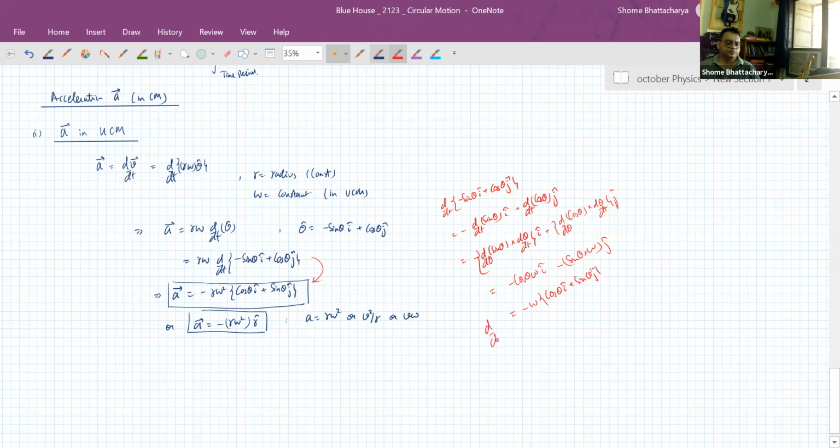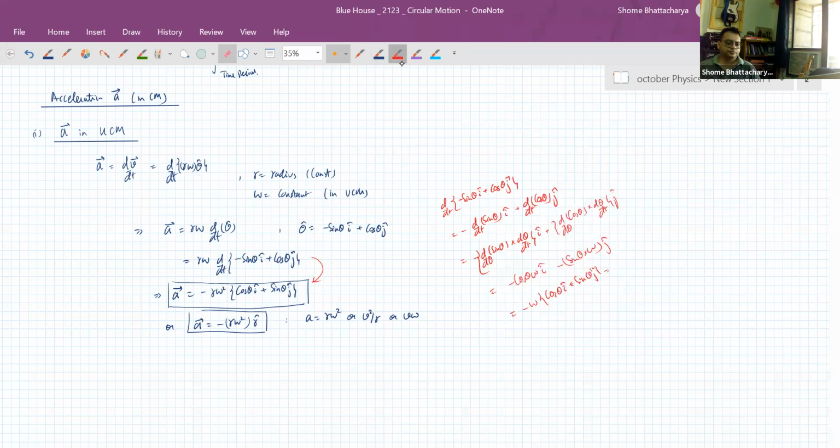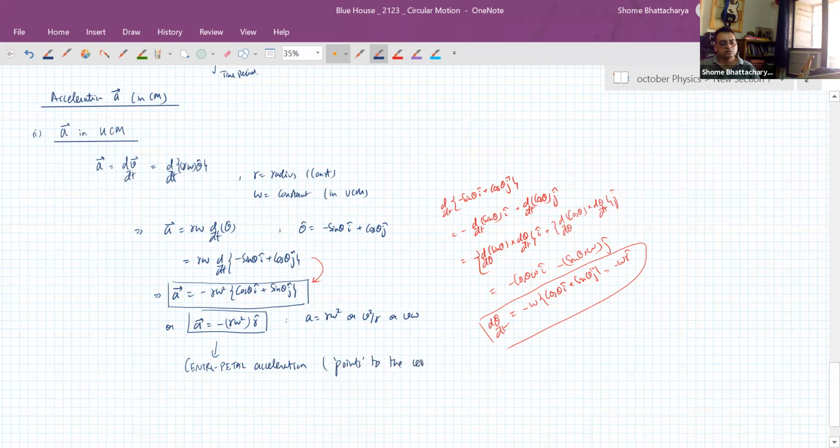This is our rate of change of theta. So this acceleration is called the centripetal acceleration, because it points to the center of the circular motion.